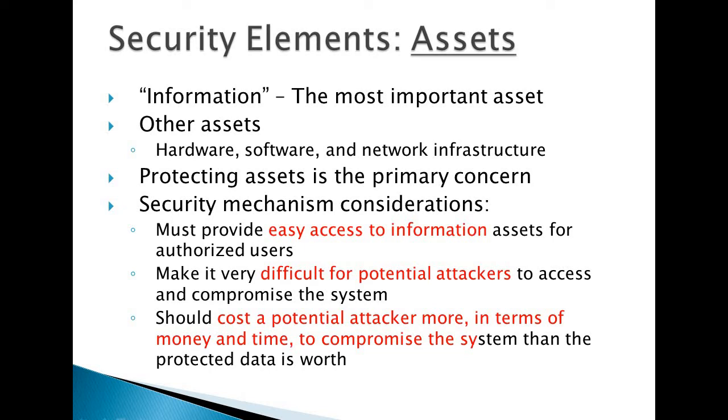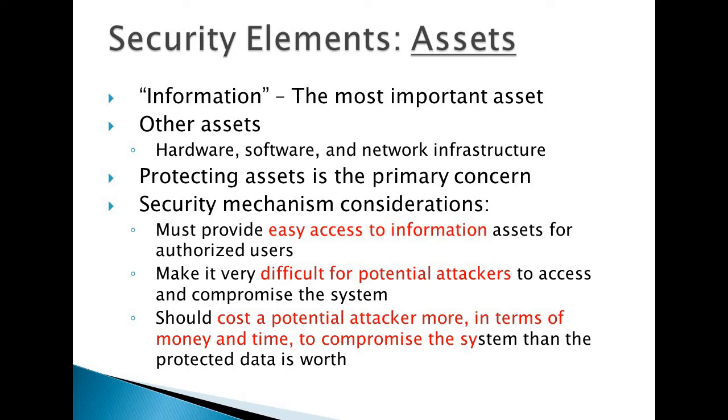So let us know in detail about the individual components of the risk triad. First is assets. In IT infrastructure, information is an asset. Other assets are hardware, software, and network infrastructure resources. So protecting the asset is a primary concern.